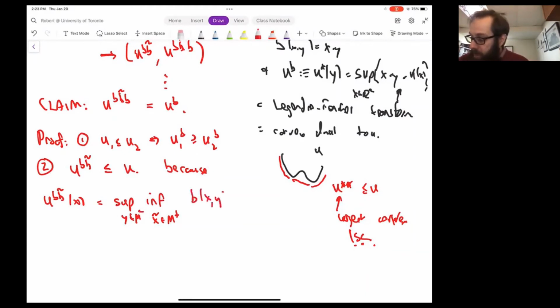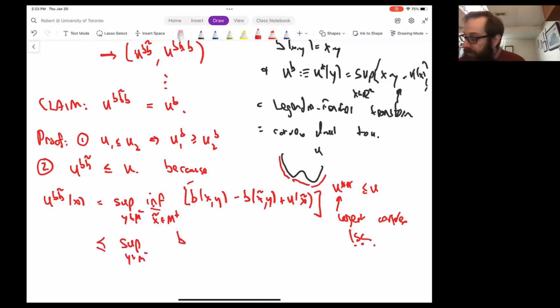B of xy minus B of x tilde y plus U of x tilde. That's how the B double transform is defined. And of course, one possible value of x tilde is x. And since this is an infimum, what I get is going to be smaller than what I would get if I choose x tilde equals x. And when I choose x tilde equals x, the b's cancel out. And so the thing no longer depends on y. And so that's equal to U of x. So I've just verified step 2.